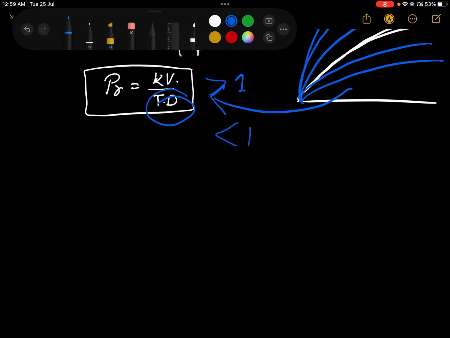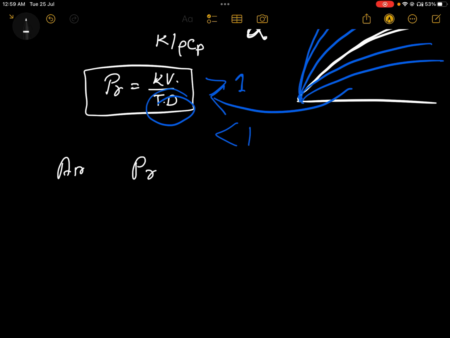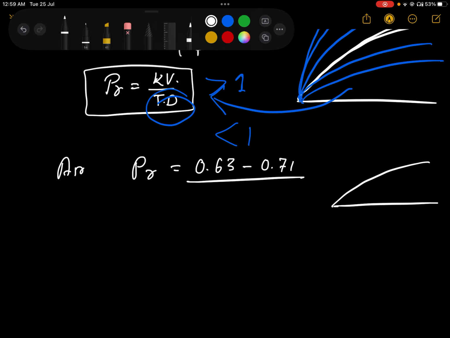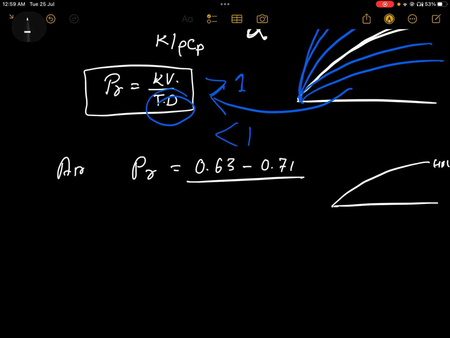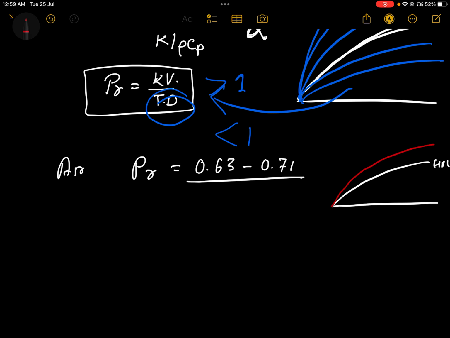If we see some data, for air the Prandtl number comes out as 0.63 to 0.71. It means the Prandtl number is less than 1, so the thermal diffusivity is dominating in case of air. If I draw the hydrodynamic boundary layer and want to draw the thermal boundary layer, thermal diffusivity is more here, so the thermal boundary layer will be this.